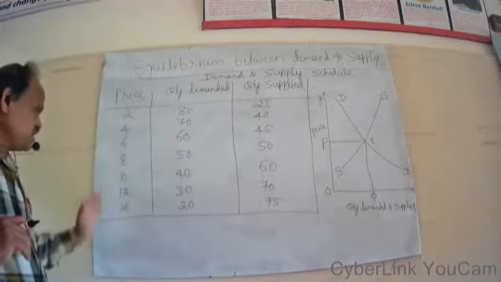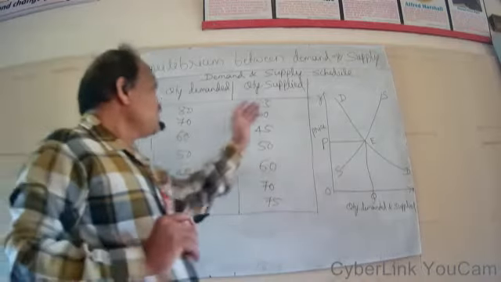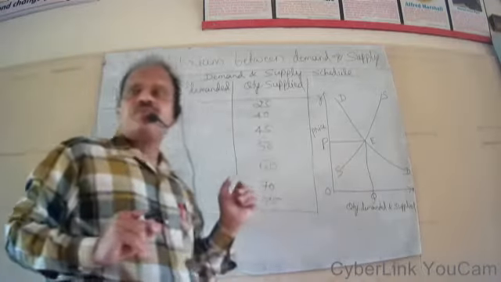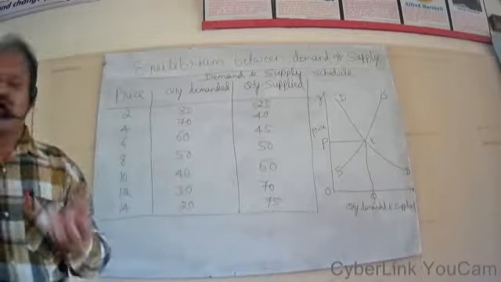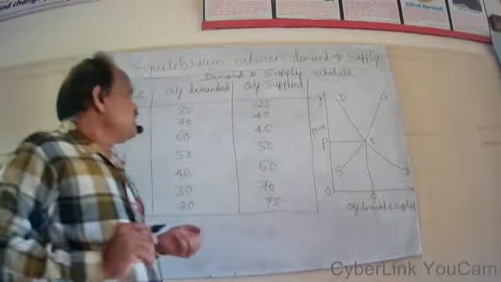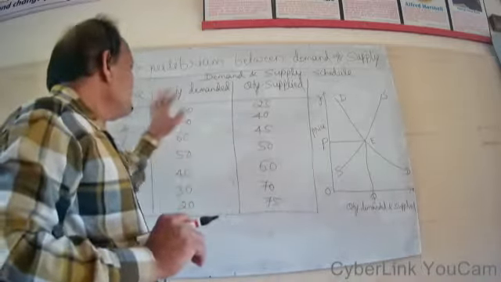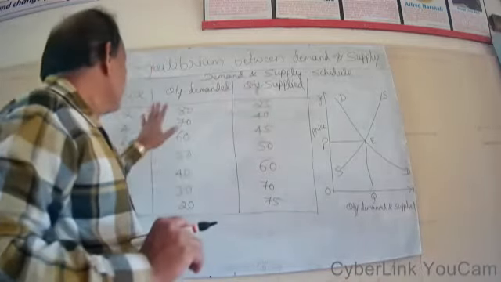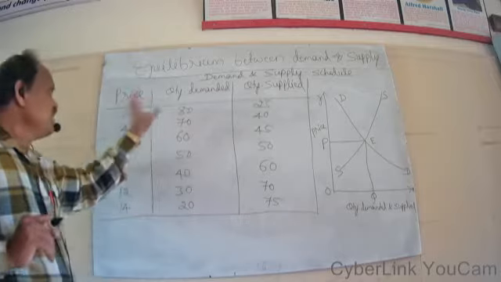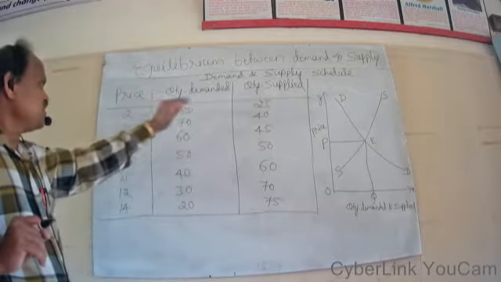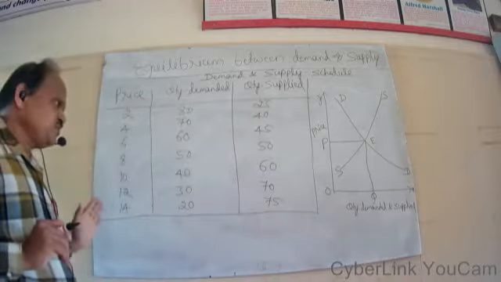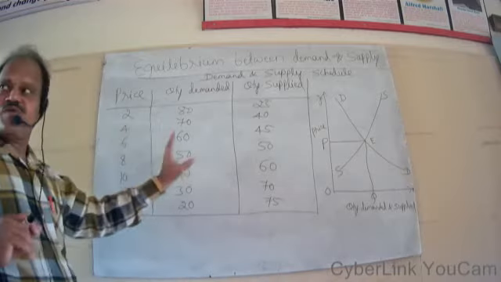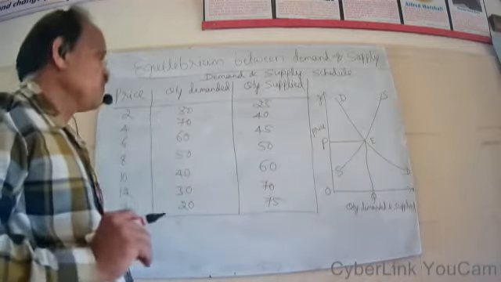Here price is increasing and at the same time quantity supplied is also increasing or expanding. So this shows the positive relation between price and quantity supplied and inverse relation between quantity demanded and price. So this is according to our law of demand and law of supply.